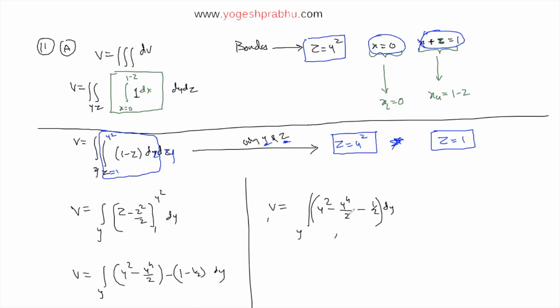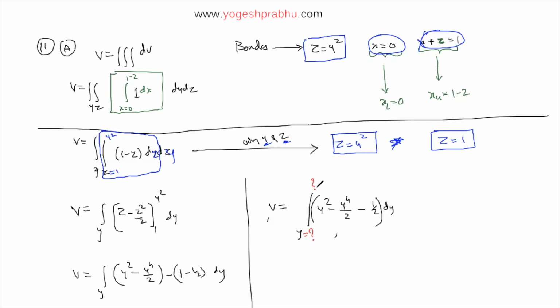This is all good. Now the only big problem here is what the limits of y are going to be. That's the trickiest part of the problem, because we don't have limits for y yet. How will you get limits for y? One of them is 1, because z equals 1.